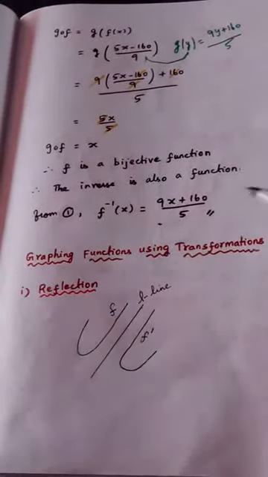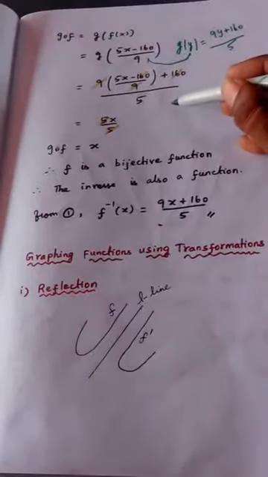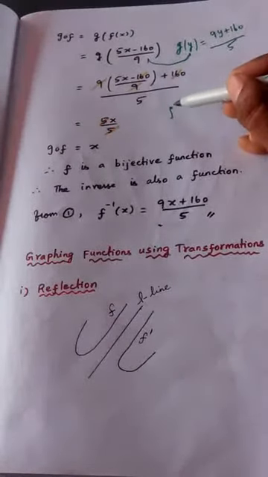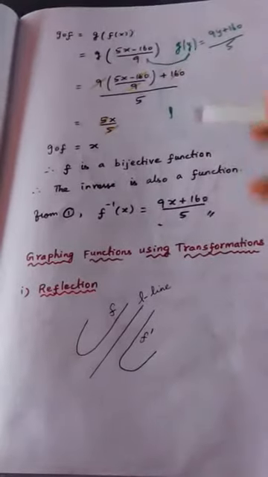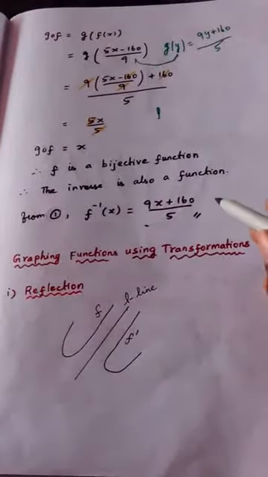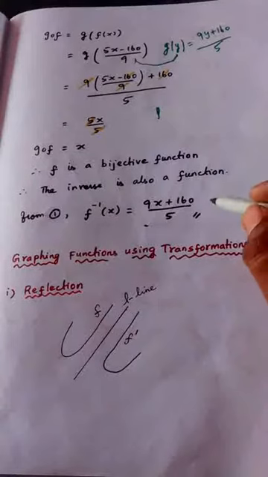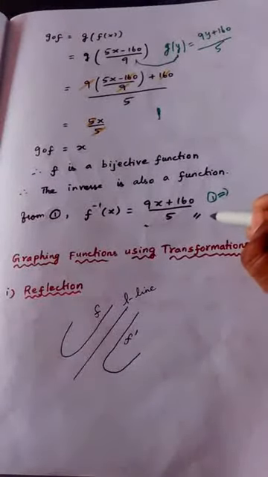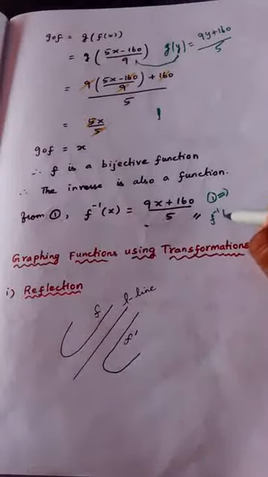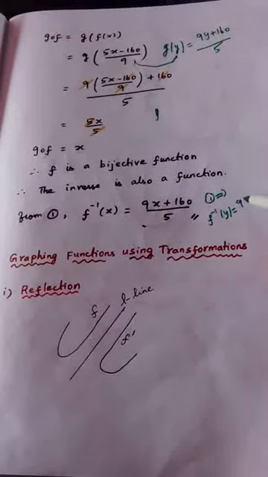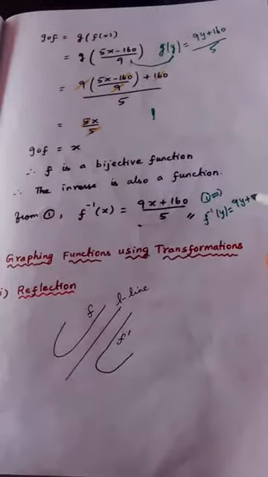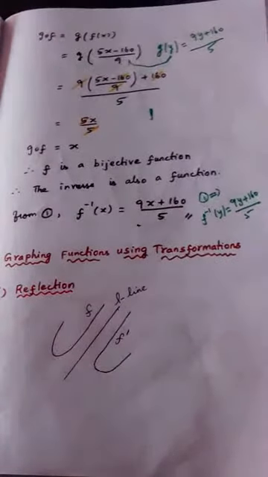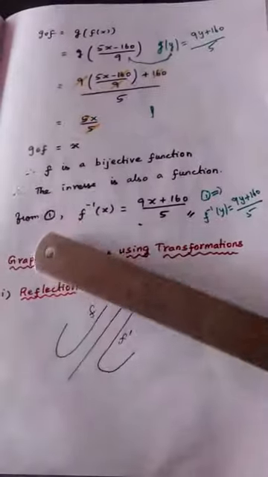Equation 1 is nothing but f inverse of y is equal to (9y plus 160) whole divided by 5. This is f inverse of y. That is what I have written from equation 1.